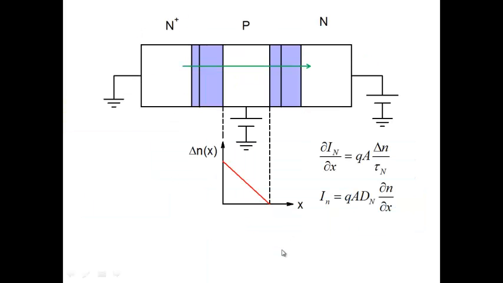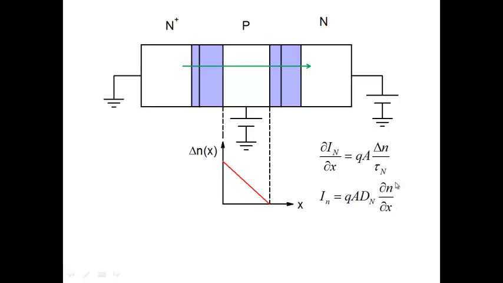Now, one can do this problem exactly, but I'm doing it through an approximation. What we are saying is that recombination is very small in this region here. It is there, but it's very small. So del IN by del X is QA delta N by tau N. Recombination is small and current is diffusive, so I can write IN is QA DN del N by del X here.